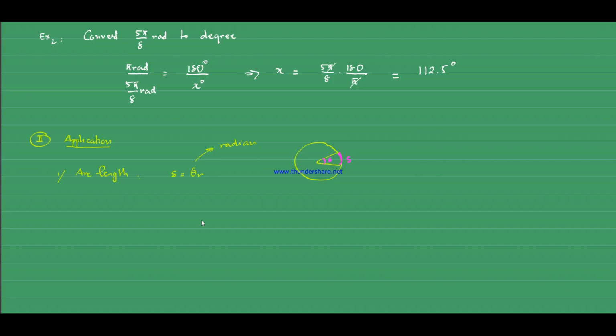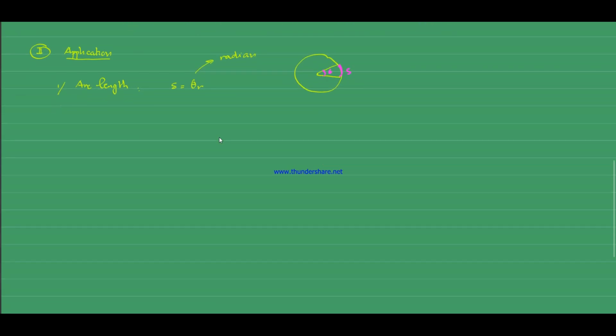Let's do one of the problems here. I think I'm going to give you the next formula before we do an example. The second application is to calculate the sector area. So I have a circle too, and I want to find the area of the wedge of the pizza, this area right here.